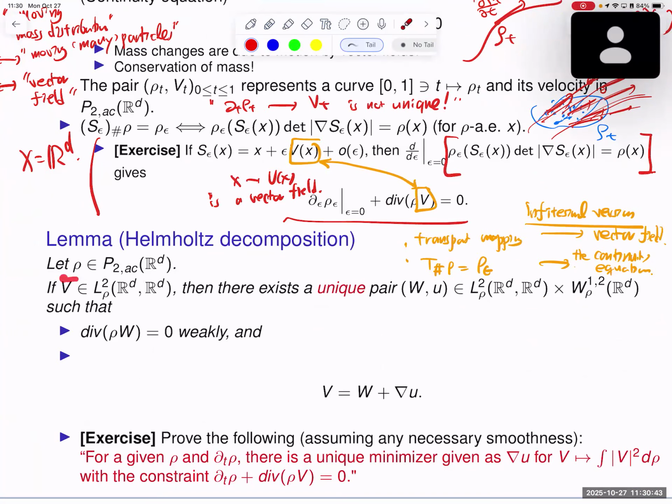Namely, we have a given absolutely continuous measure rho in P2 AC. Then you can consider an L2 vector field with respect to this rho, meaning the integral of the norm of V squared d rho is finite.